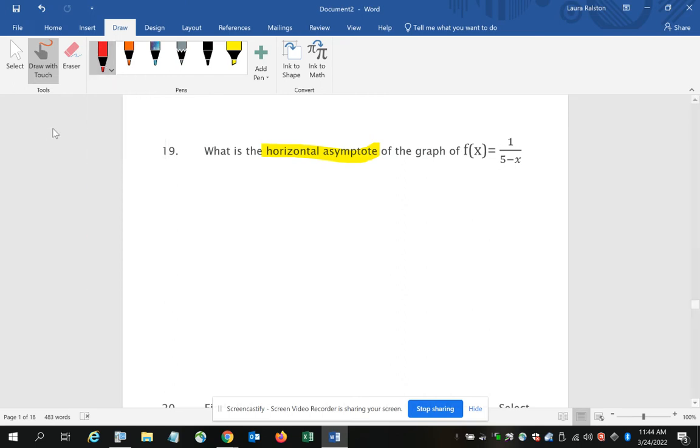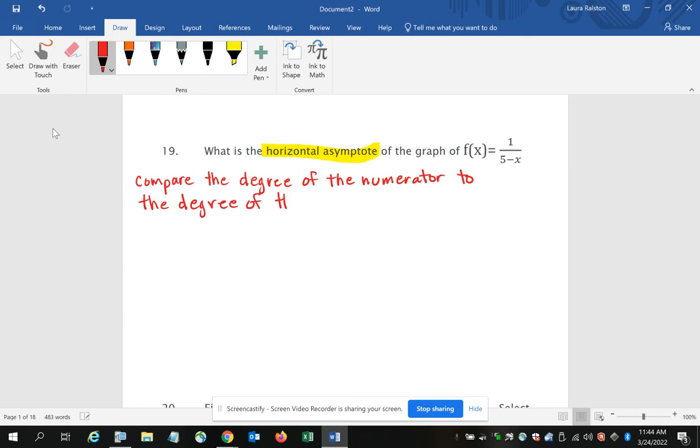To find the horizontal asymptote of a rational function, you have to compare the degree of the numerator to the degree of the denominator.